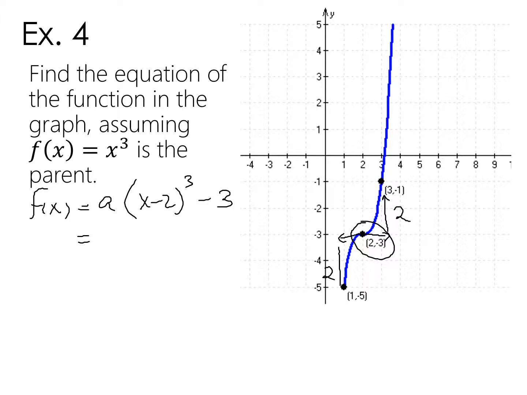To determine if it is a positive 2 or a negative 2, look at the end behaviors. Odd function, my end behaviors, as x goes to infinity, y goes to infinity, and as x goes to negative infinity, y goes to negative infinity, which tells you that it is a positive leading coefficient, so a positive 2. Now let's say, for instance, that step pattern wasn't really visible.